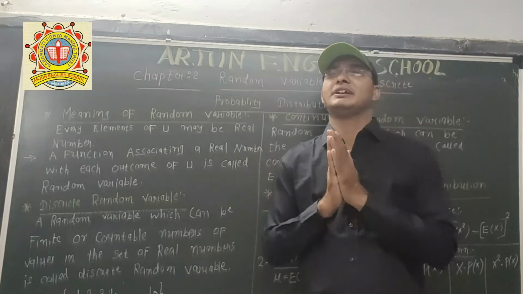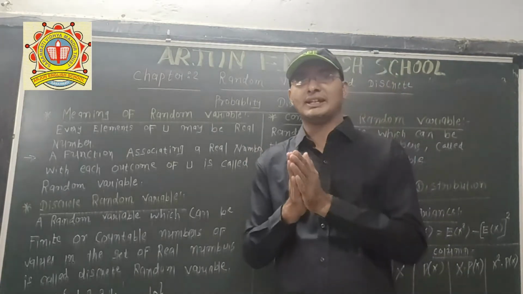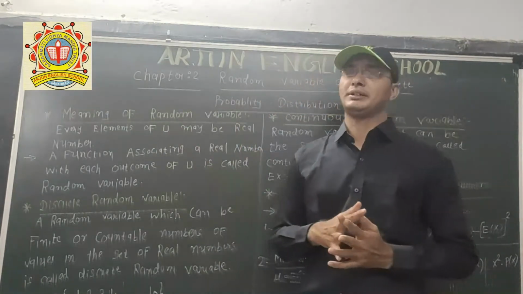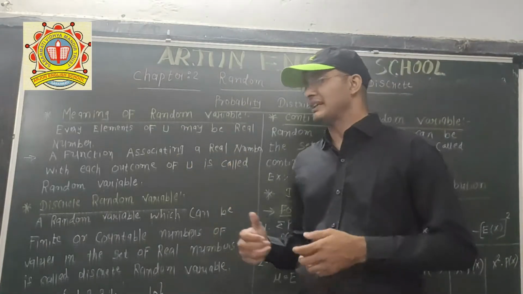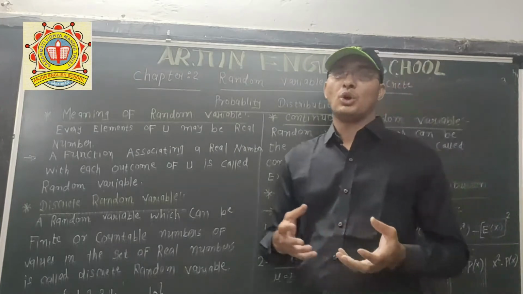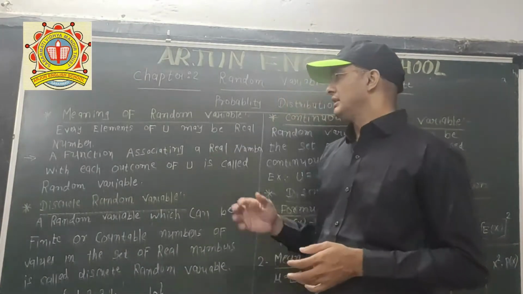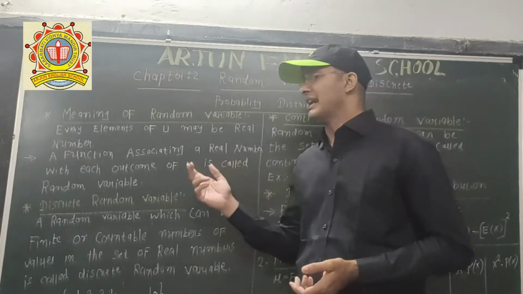There is no need that a random variable is from 0 to 10, 20, 100 or 1000. It may be any infinite number, but it is a technique of associating a real number with an outcome. Outcome means all the possible expected probabilities under which this function is determined, that is called a random variable.